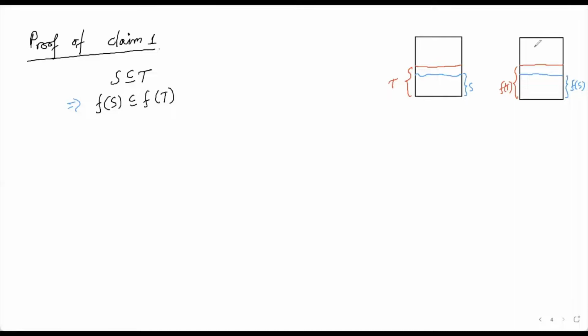Now notice that, let me change the color. And so this is A and this is B, and from here to here we have function f, and from here to here we have function g.